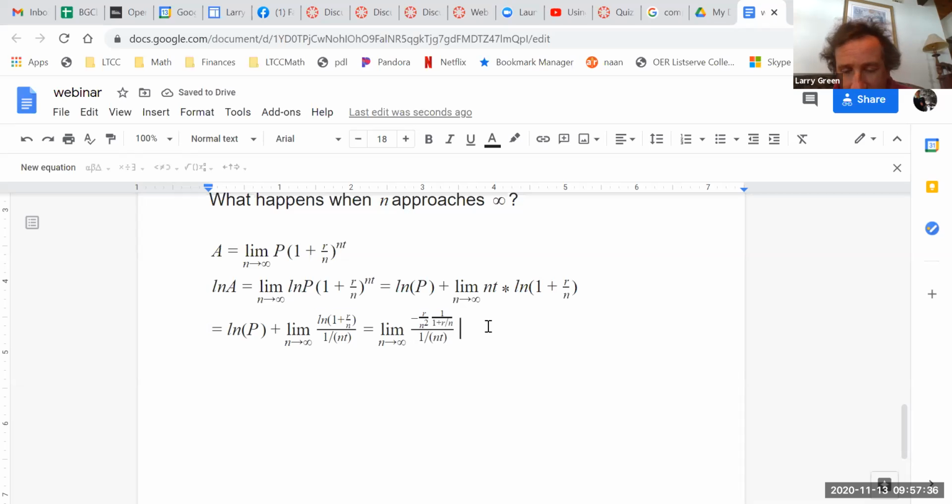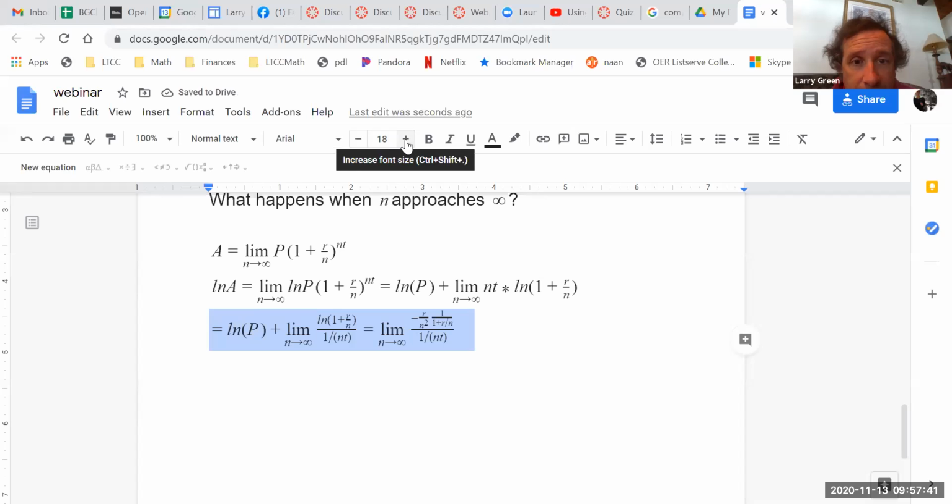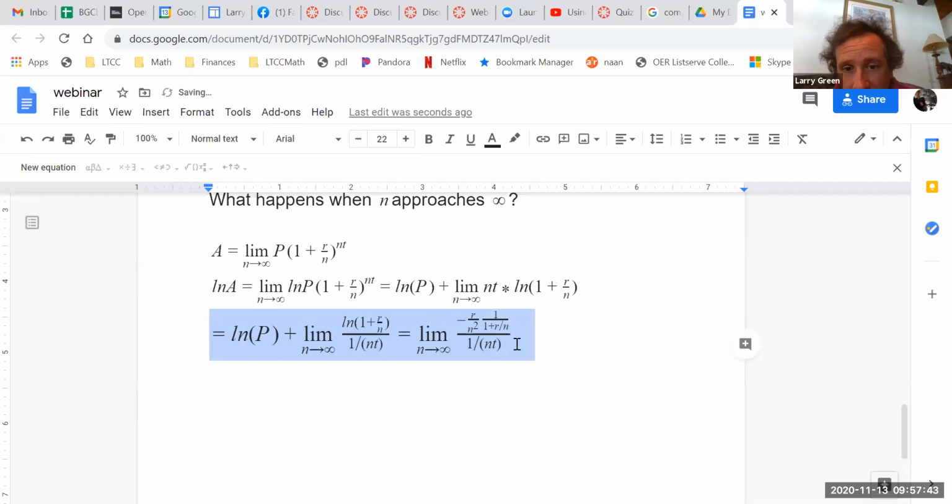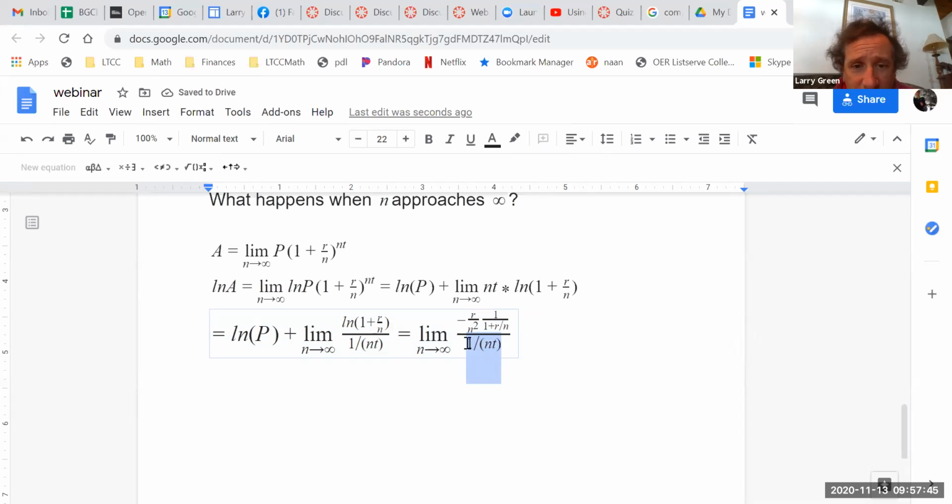Let's make this bigger. Okay, then we take the derivative of 1 over nt. So that's nt to the negative first power. That's also chain rule.